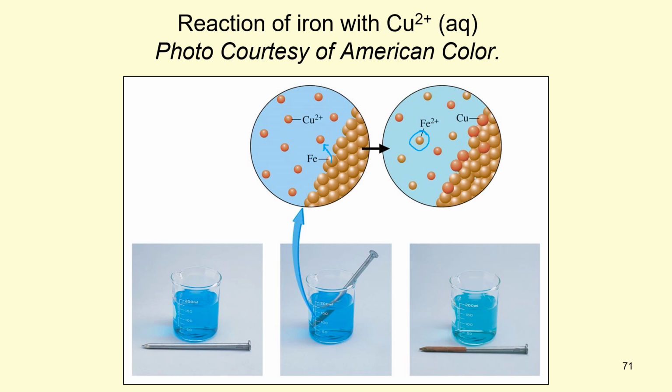Meanwhile, the copper ions gain the electrons, and then they get pulled and deposit on the nail. You can see some of the iron is leaving and some of the copper is depositing. Two things: the solution has gotten a little bit lighter because some of the copper has disappeared from solution, and the nail has gotten coated with, well, it's not rust, but deposited copper. So that's what's happening in a redox reaction.